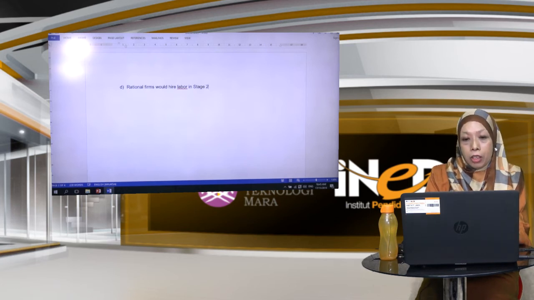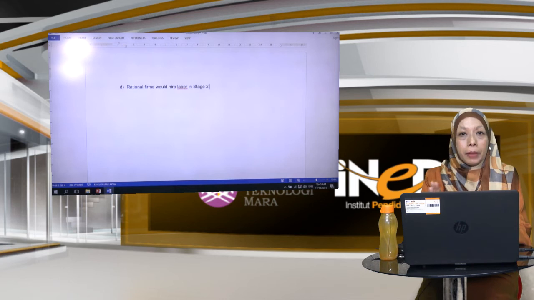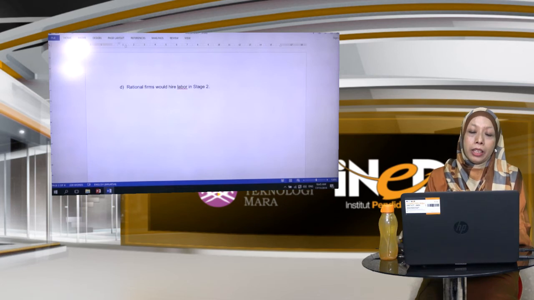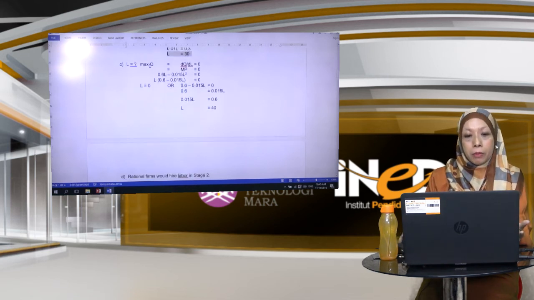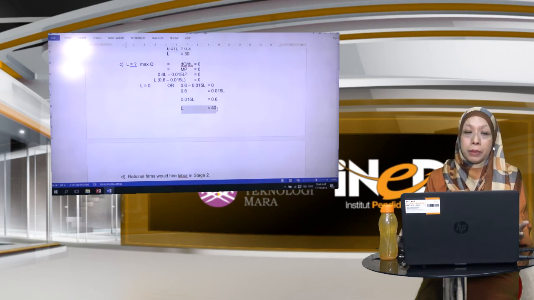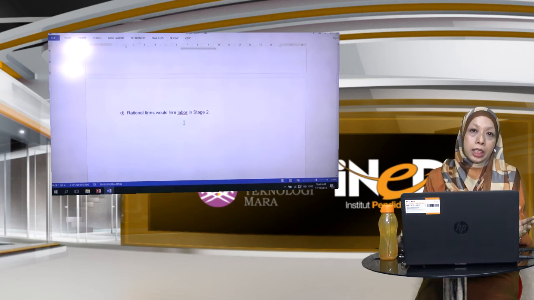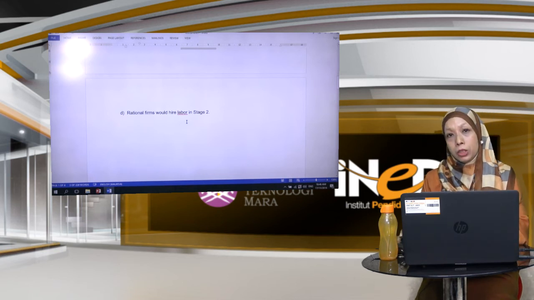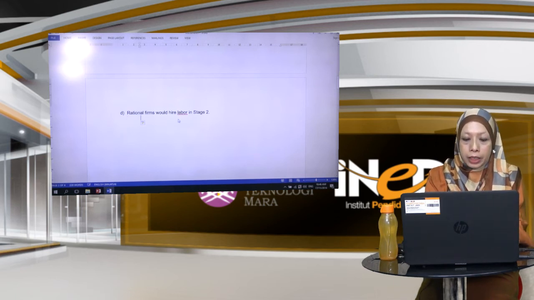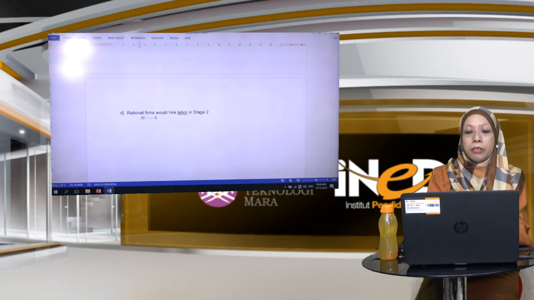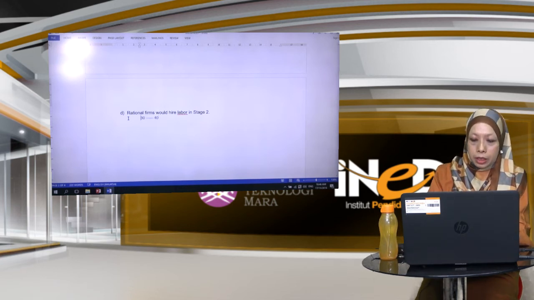If you recall, stage 2 starts after the maximum point of AP up till the maximum point of Q. You have identified that when average product is maximized, labor must be 30, and when total product is maximized, labor must be 40. So because stage 2 starts from maximum AP to maximum Q, the range of labor would be from 30 up to 40. So this would be the range of labor.